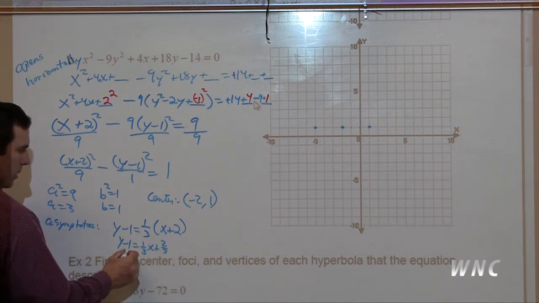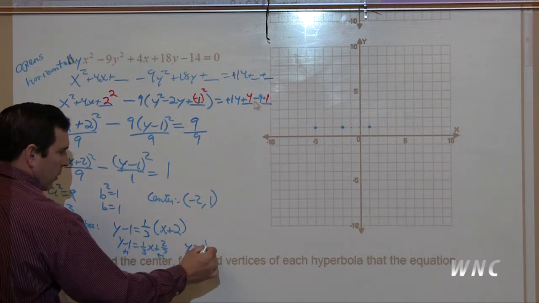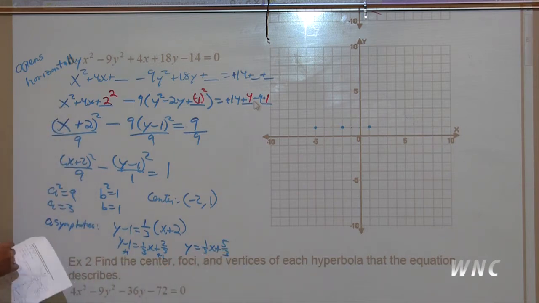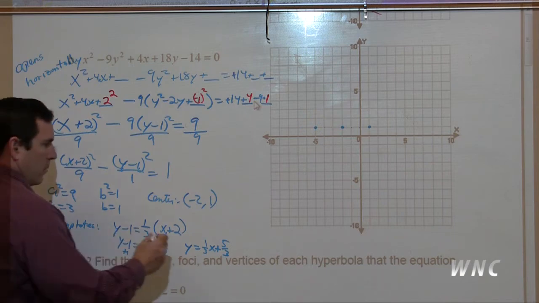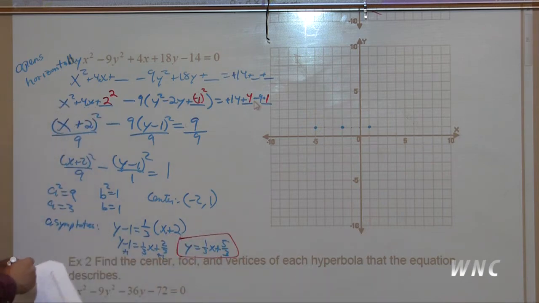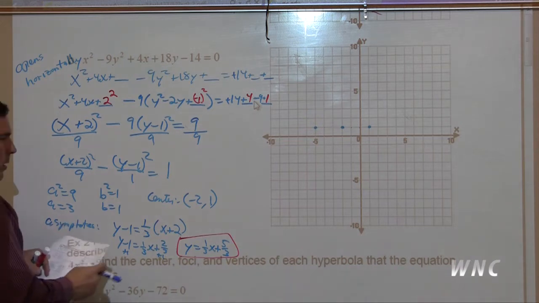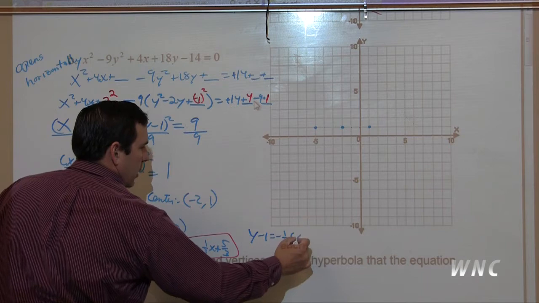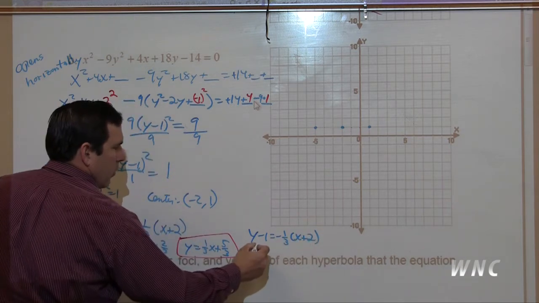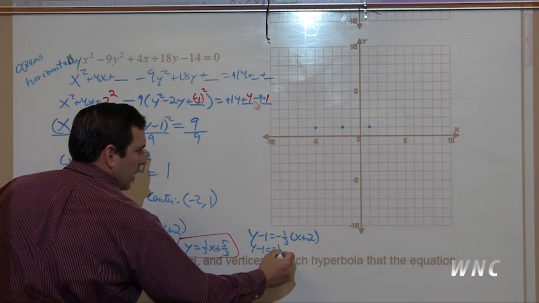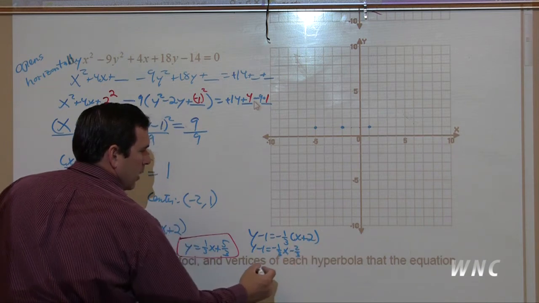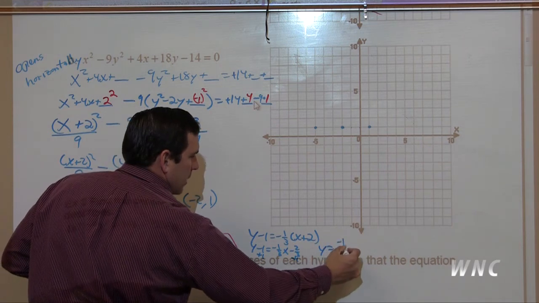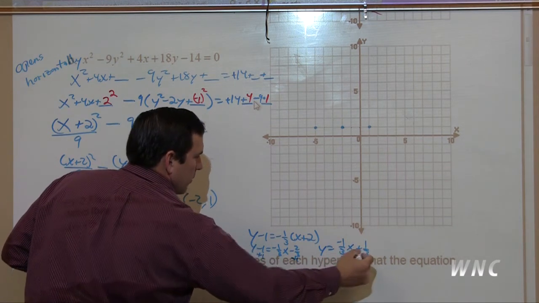Adding 1 to both sides, y equals 1/3 x plus 5/3. The other one's going to be y minus 1 equals negative 1/3 times the quantity x plus 2. So y minus 1 equals negative 1/3 x minus 2/3. And if we add 1 to both sides, y equals negative 1/3 x plus 1/3.